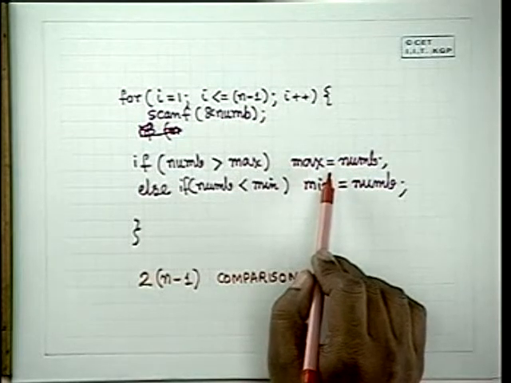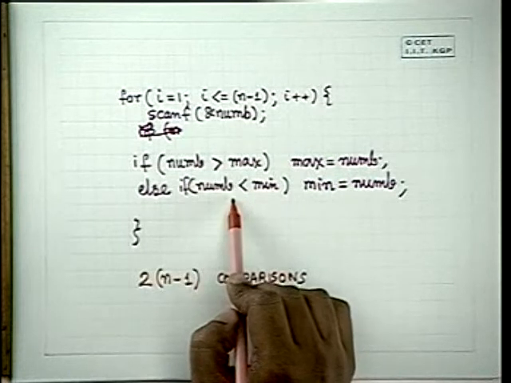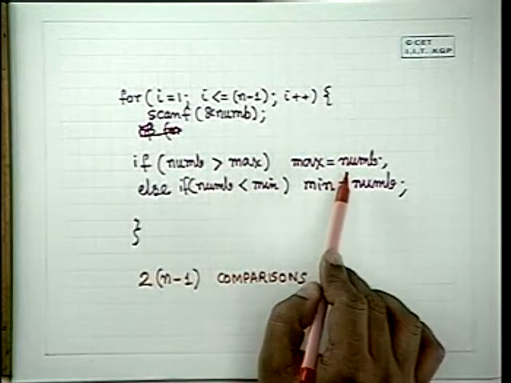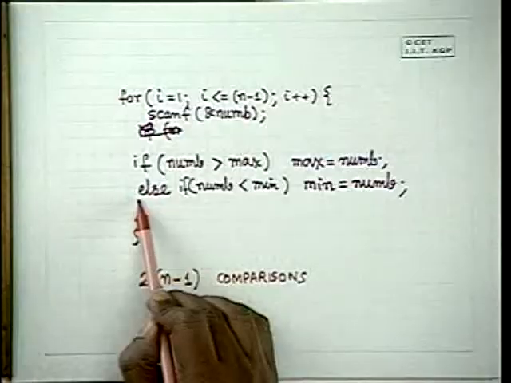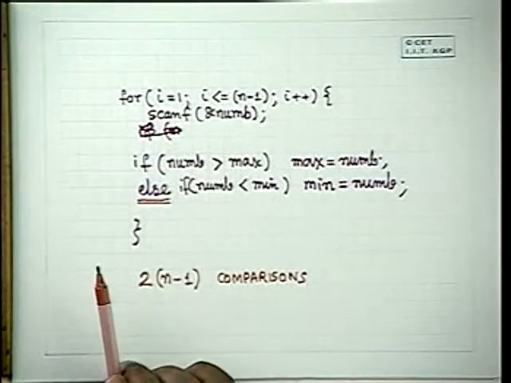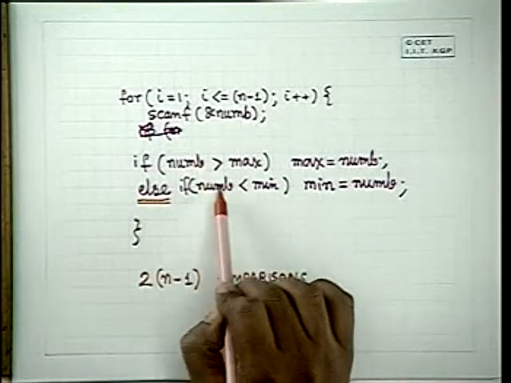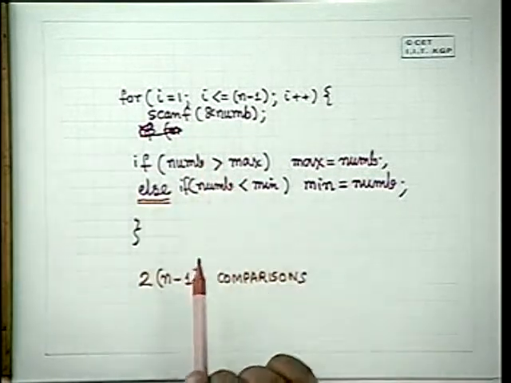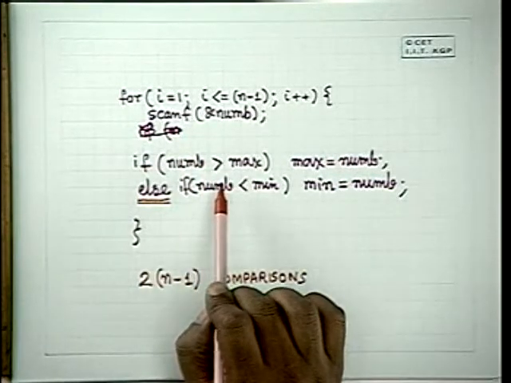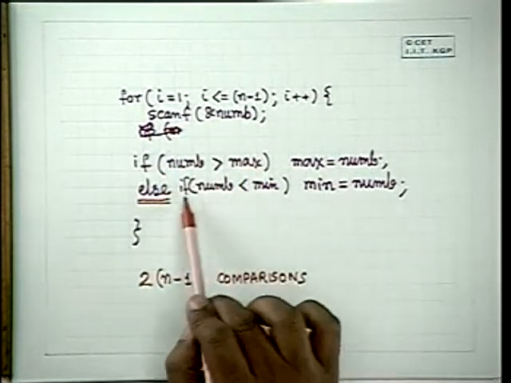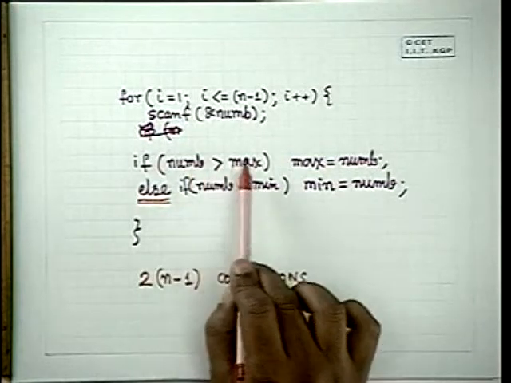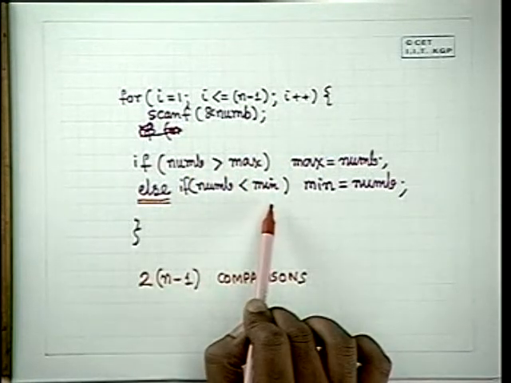In the worst case, we made both the comparisons and only one of the assignments. You cannot make both the assignments; you will make only one of the assignments and both the comparisons. Now when we put this else, we did not always make both the comparisons inside the loop. If this comparison turned out to be true, we did not make the other, but if it turned out to be false, only then we made it.